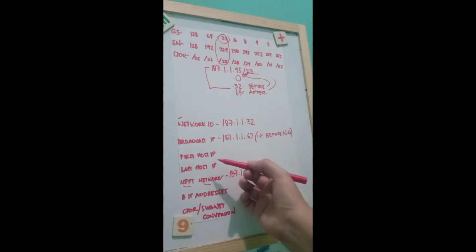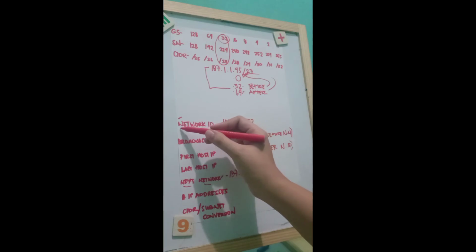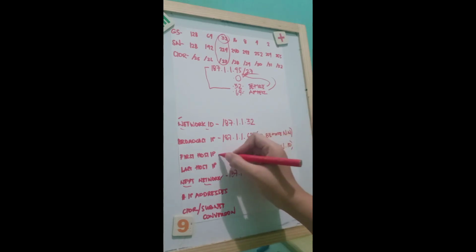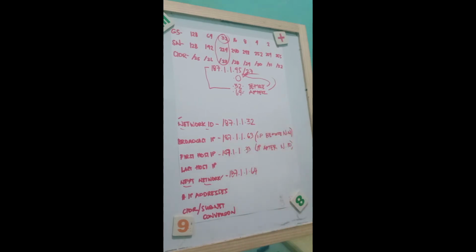Next, our first host IP. To find the first host IP, we have to look at the IP after the network ID. This is our network ID, 32, so after 32 is 33. Therefore, we have 187.1.1.33.